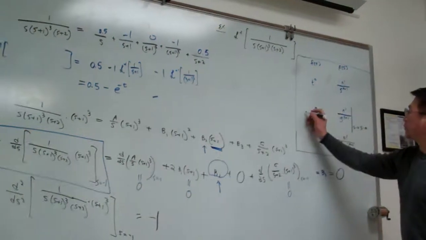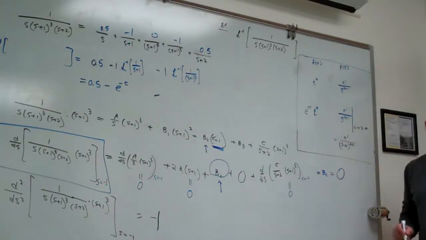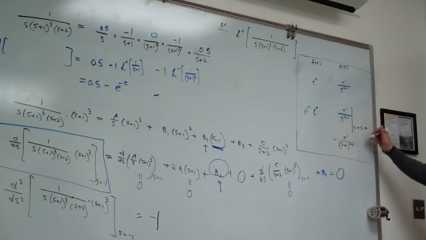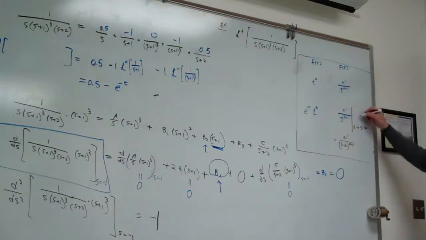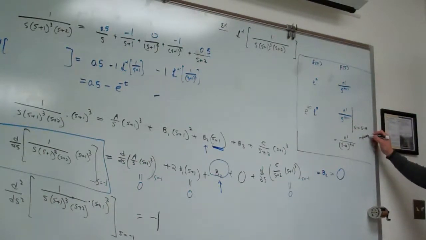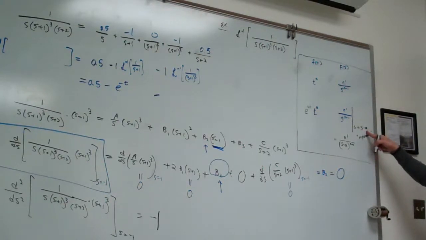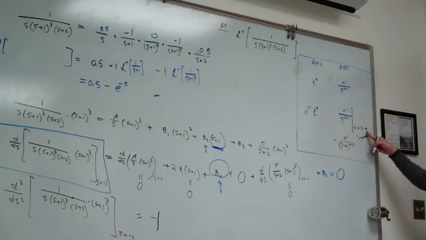Correspondingly in the time domain, we multiply with e to the at. In my words, I call this the replacement of s by s minus a, but in terminology they call it the shifting in the s domain, and that corresponds to the shifting theorem.